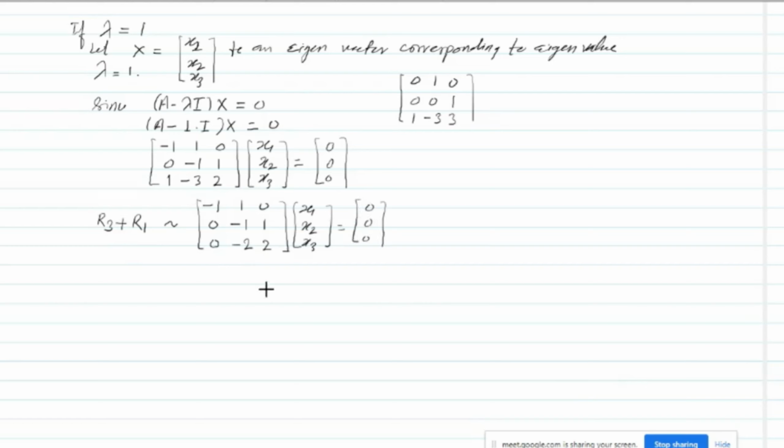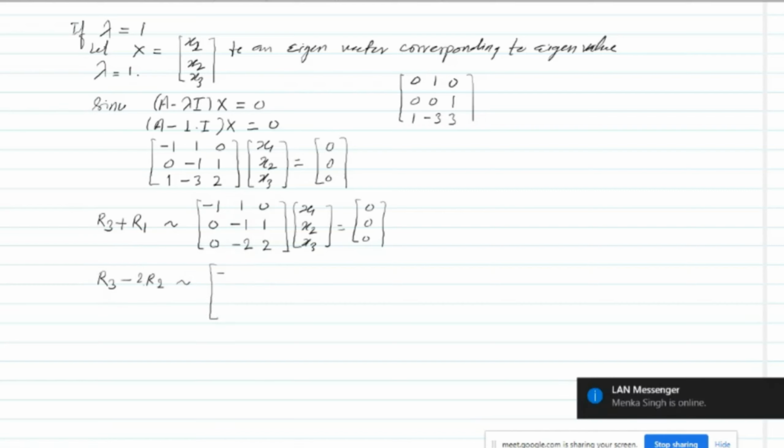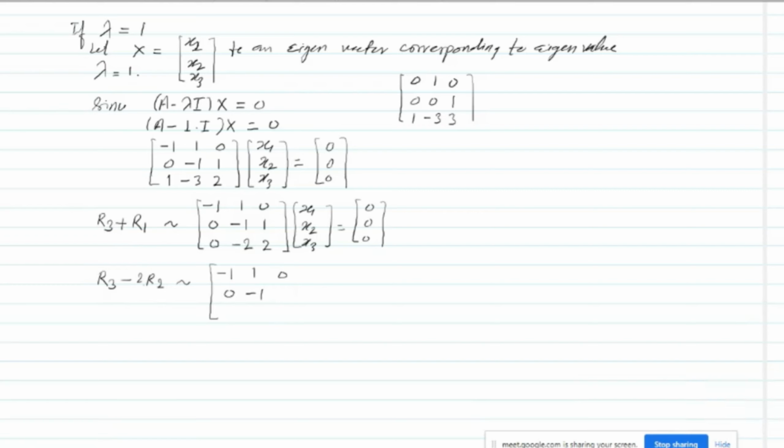Now we want to make this element 0. Diagonal element must be non-zero. So I'm using R3 minus 2 times R2. I'm using this operation to reduce the third row. First row will not change: minus 1 1 0, 0 minus 1 and 1.